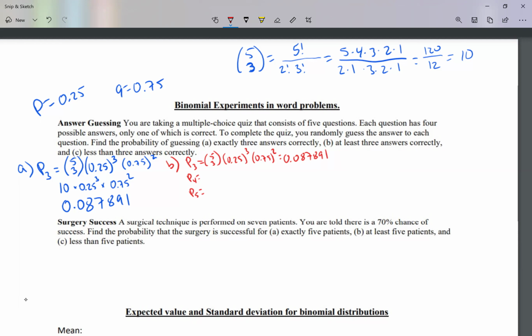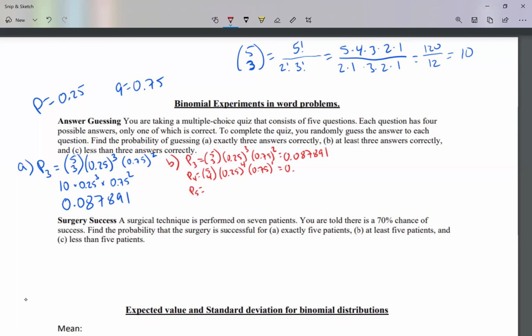Okay, that's 3 correctly. Now what's the probability I get 4 right? Well, I'm going to go 5 choose 4. But in this case, I'm going to go 0.25 to the fourth, because I want to be correct 4 times, and 0.75 to the 1, because I want to be wrong only once. And this is going to give me 0.014648.